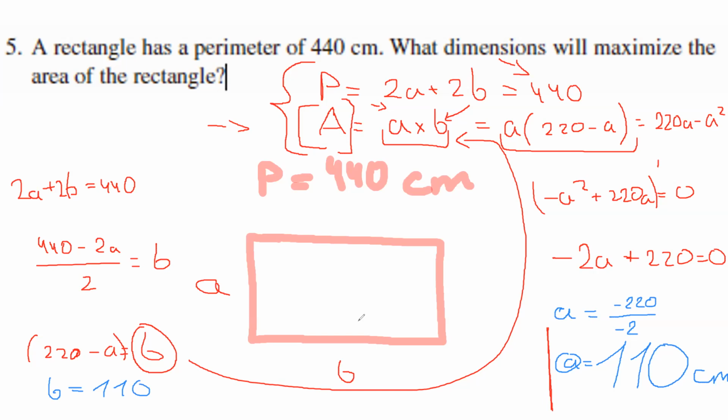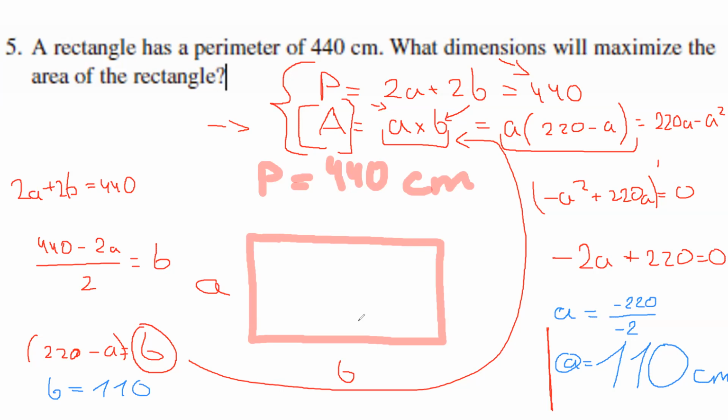Oh, so it's 110, but isn't that a square? Isn't it a square then, what we're making? Yes, that's what I told you, and you said you understood it. Isn't a square a rectangle? It is.